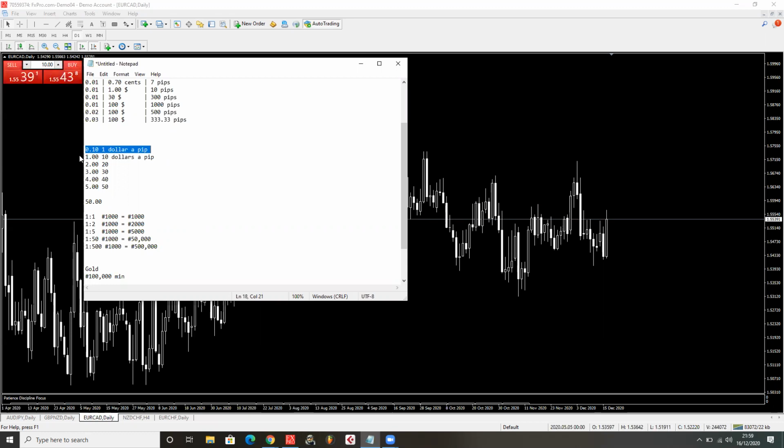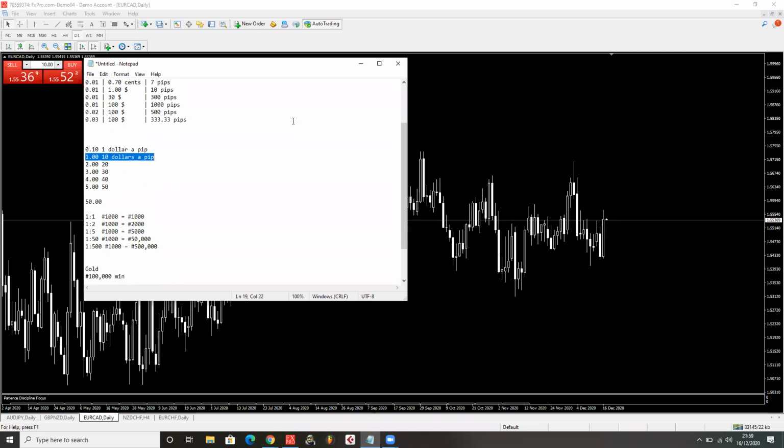And if you use one lot, how much is one lot? $10 a pip. How much would you have made for 142 pips? 10 times 142, that's $1,420. That would have been how much you made today.